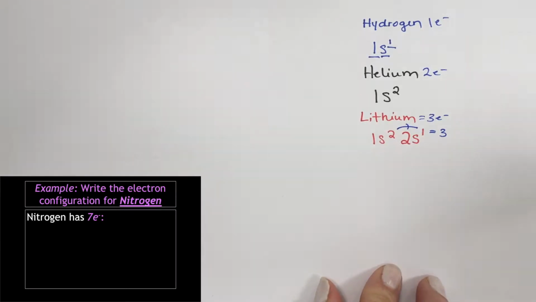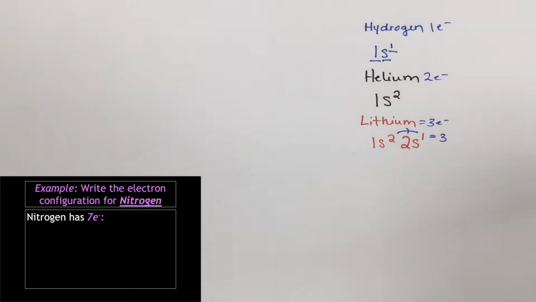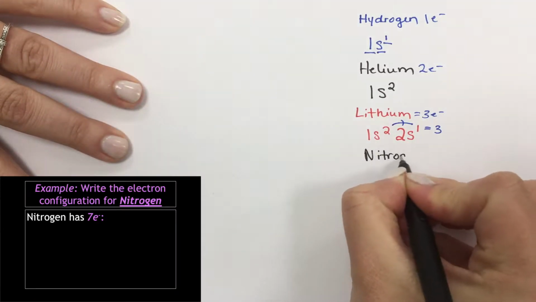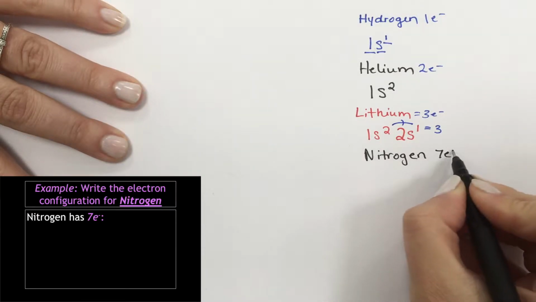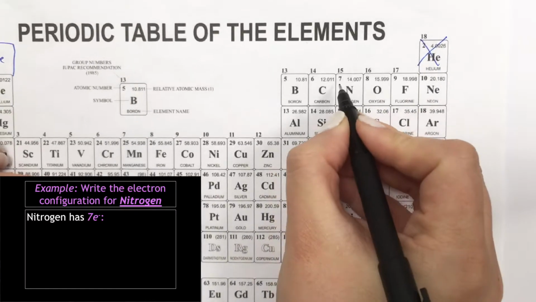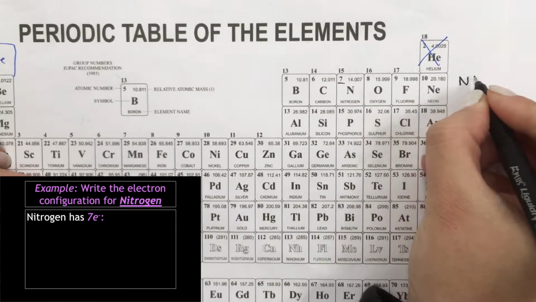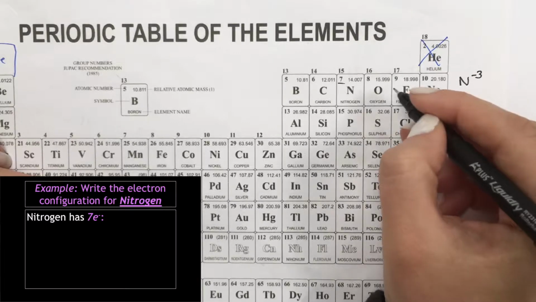All right, so nitrogen. Nitrogen is here. Nitrogen has 7 electrons. I know that because we assume it's neutral. It didn't say nitrogen -3, it didn't tell us it's an ion, so we just assume it's neutral.